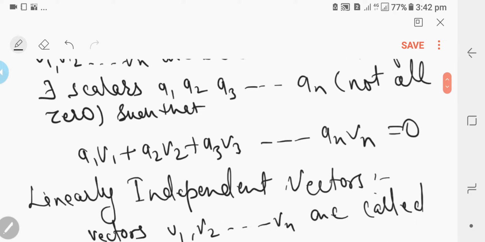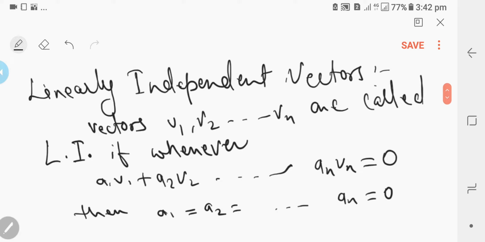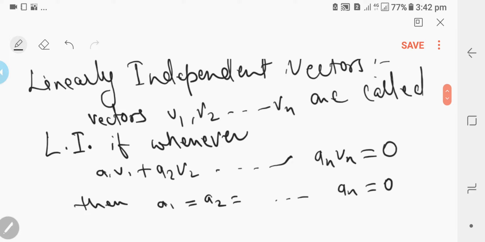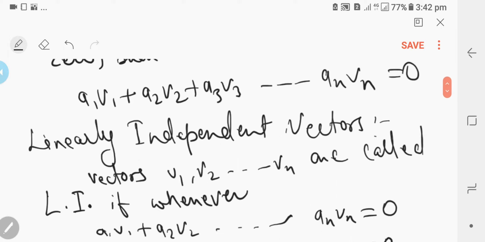The only difference is that in linearly independent vectors, in the linear combination of vectors, all the scalars are 0, and in LD vectors, not all 0. Let's see an example of it.